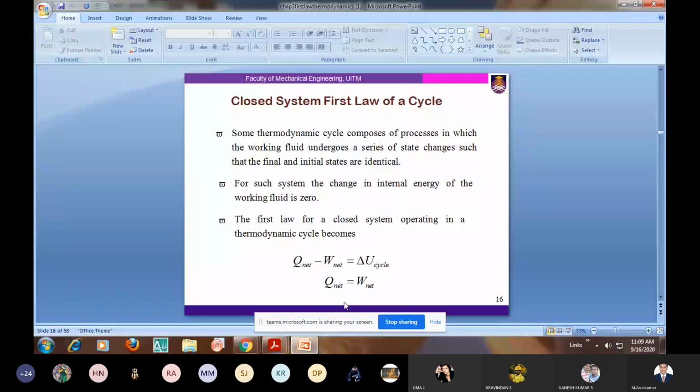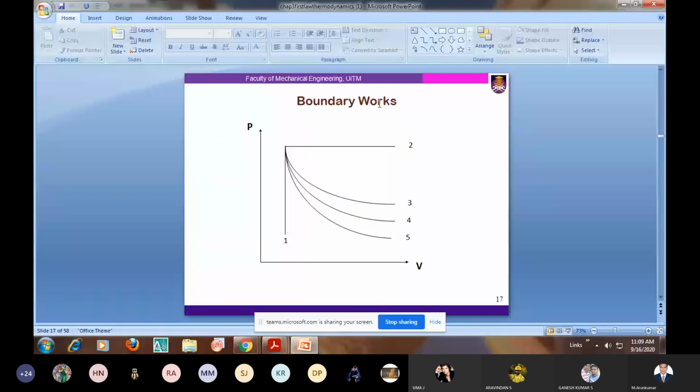So we already discussed this. This is the PV diagram of all the processes. This line 1 will give you the constant volume process. This line 2 will give you the constant pressure process. Then this line 3 will give you the isothermal process.